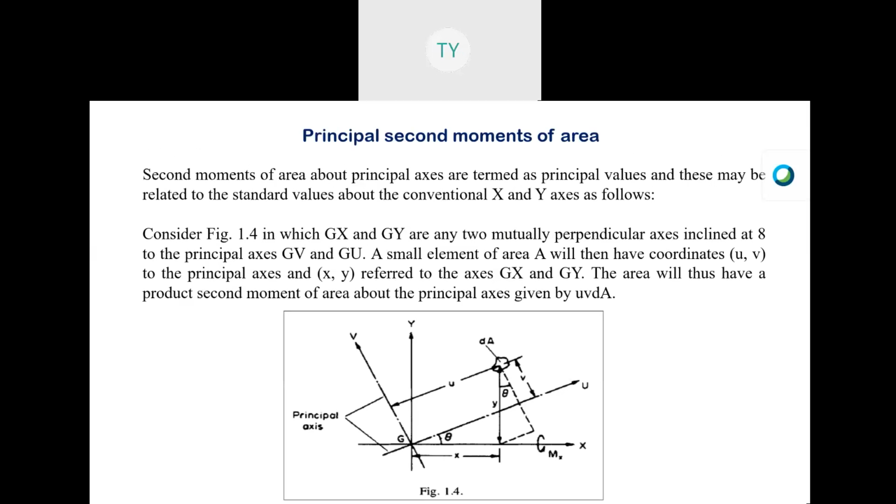This is another method of finding the principal second moment of area. These are some methods of finding the second moment of area. In this third one, as you can see, again we need to plot two axes, x and y. After that, we need to follow the steps given in the slide.